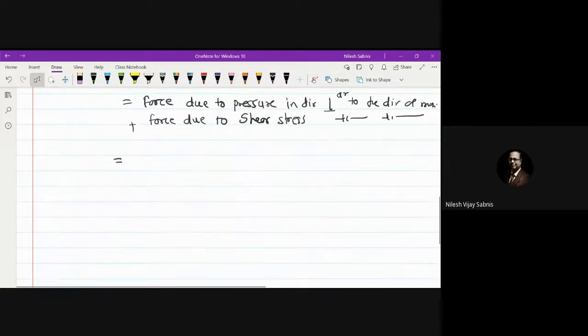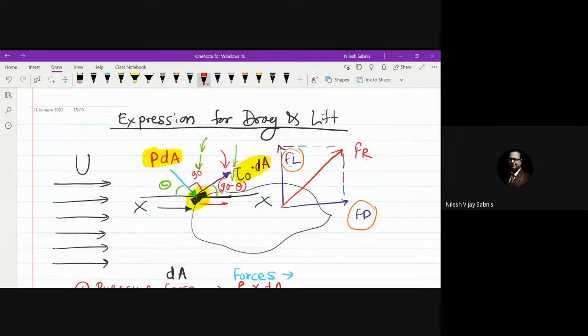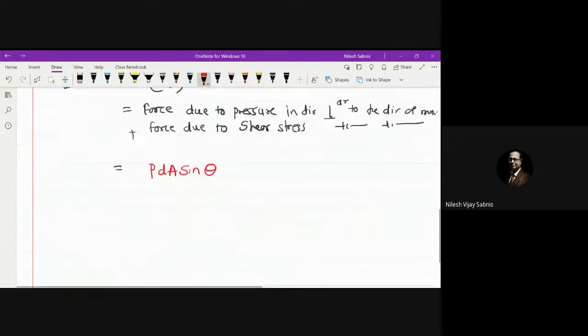But what will be the direction? The direction is downward, so we are considering it as a minus.